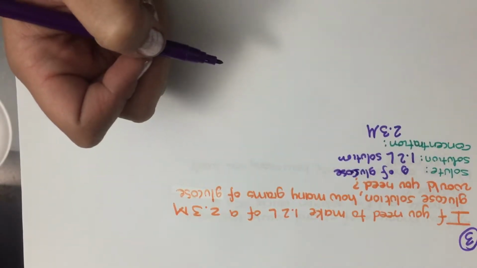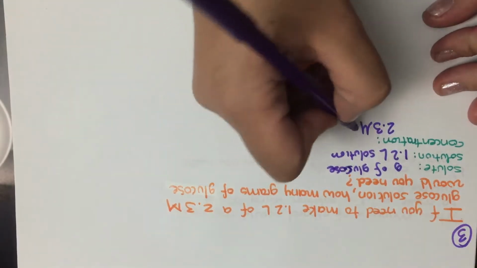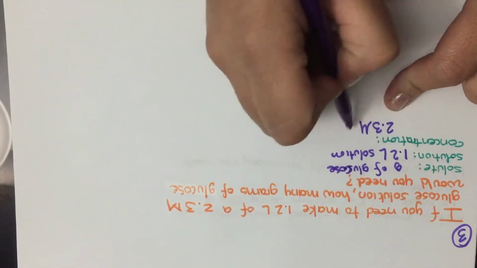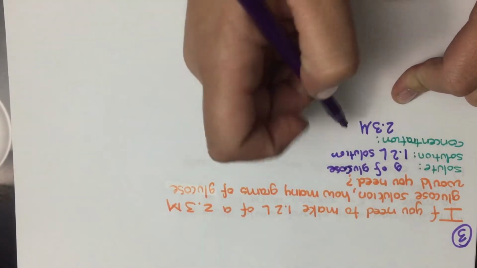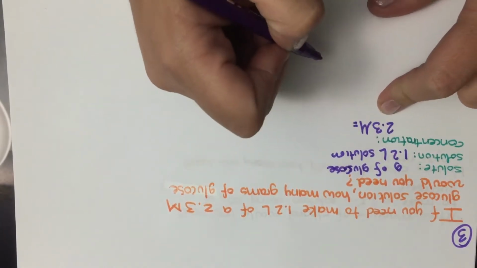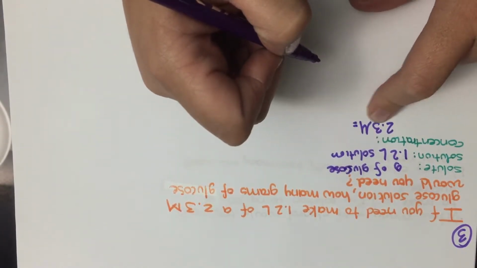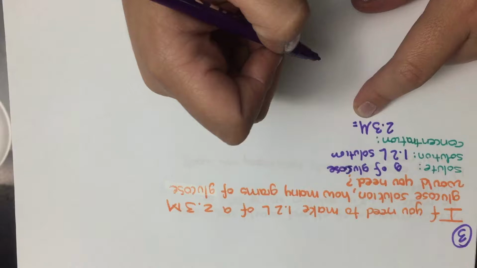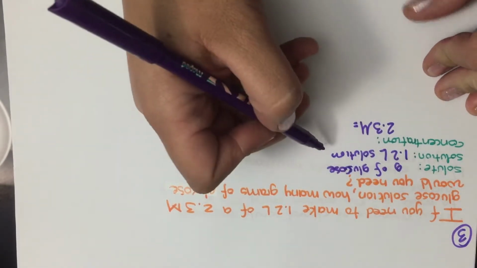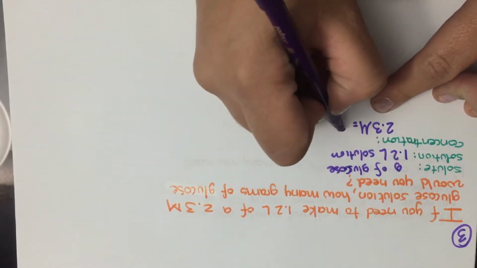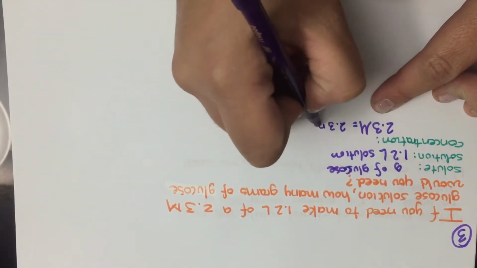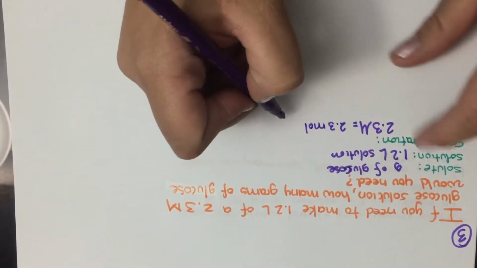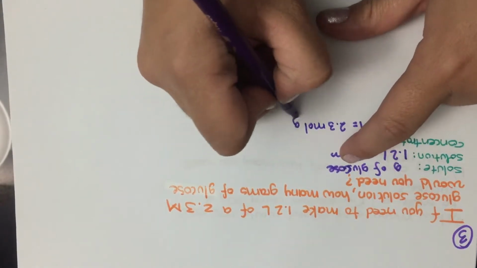Very nice. Now it's time to unveil those hidden truths, which means transform this to the units that they are referring to. So if it's 2.3 molar, okay, remember that our molar concentration is moles over 1 liter. So it means that you have 2.3 moles of your solute, which is glucose.